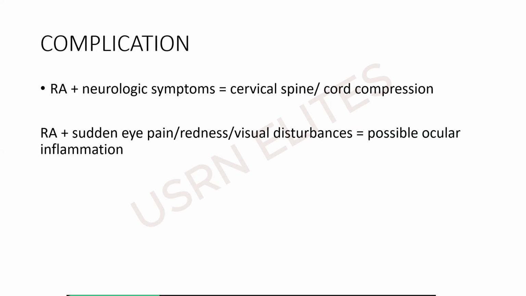If the patient is developing eye pain and has a history of rheumatoid arthritis, and suddenly there's eye pain, there's redness, there's cataracts, there's vision disturbances, what comes to mind? There's inflammation.